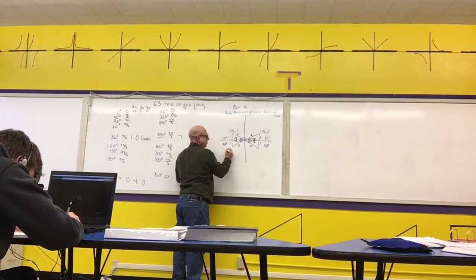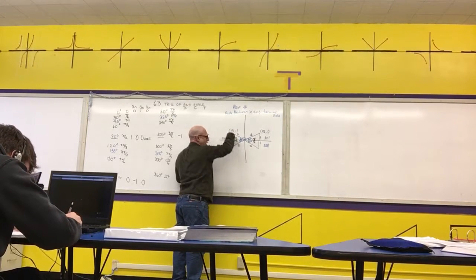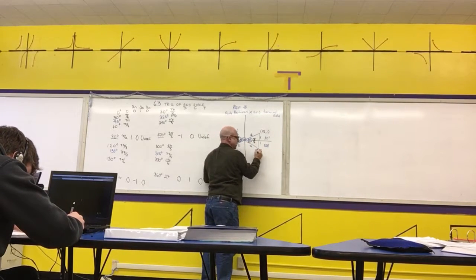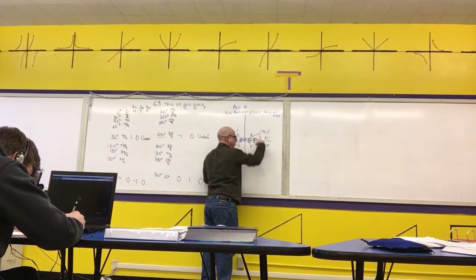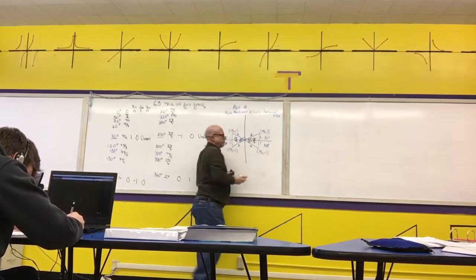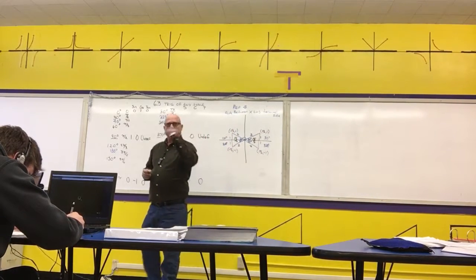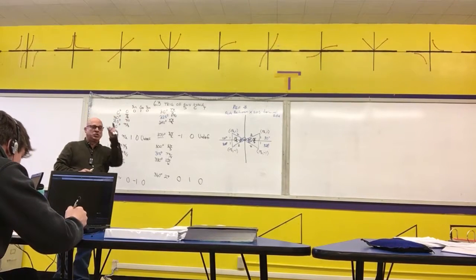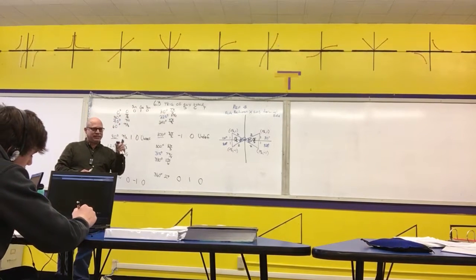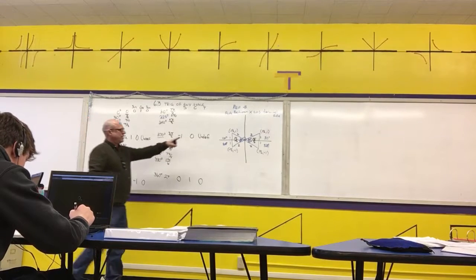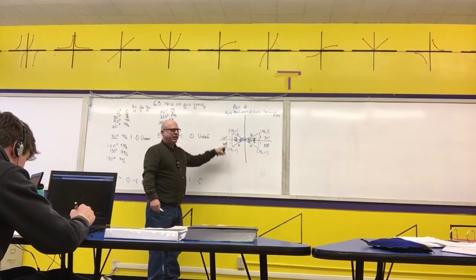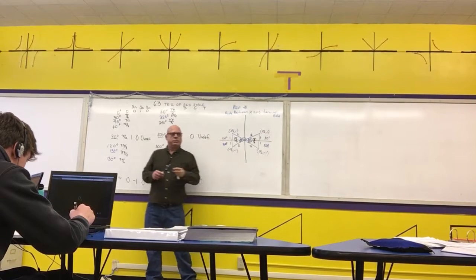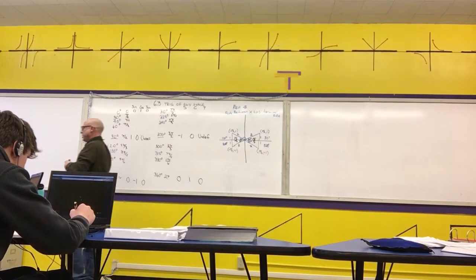X is negative square root of 3, y is going to be negative 1. X is positive square root of 3, and y is negative 1. So notice when you draw your reference triangle, those sides on the triangle are always positive, whereas we take into account which quadrant we are in when we're labeling the point on that terminal side of the angle. Any questions on that?